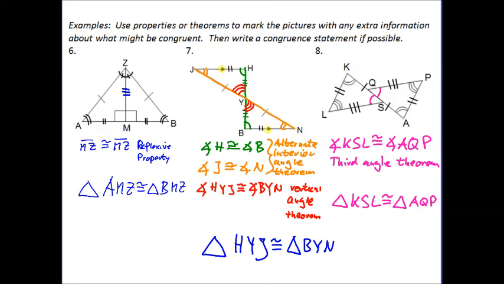Triangle KSL is congruent to triangle AQP, and you may have seen that the order of the letters was the same as in the angles that are congruent above. That's also a good help, but make sure that we always pay extra attention to keeping the order of the letters correct so we don't lose any points.